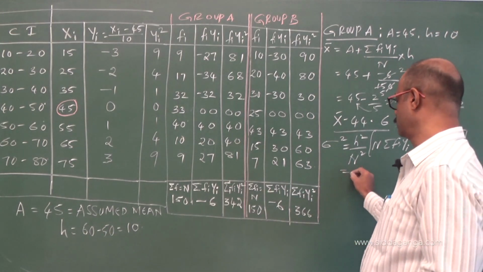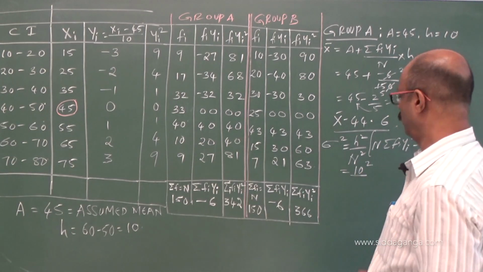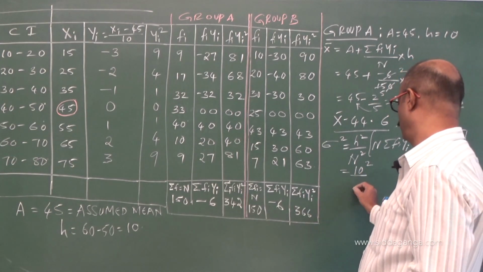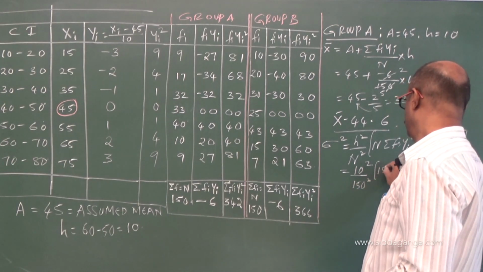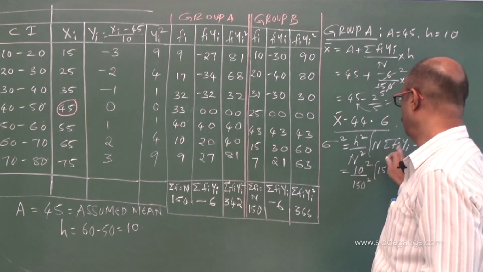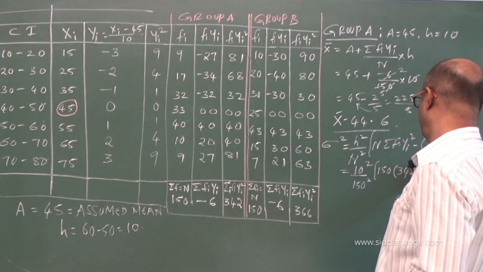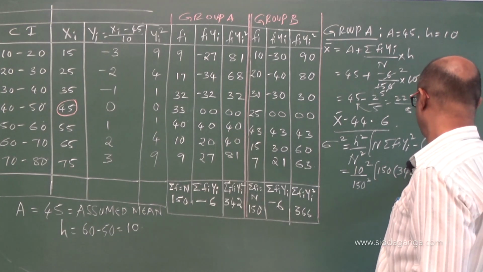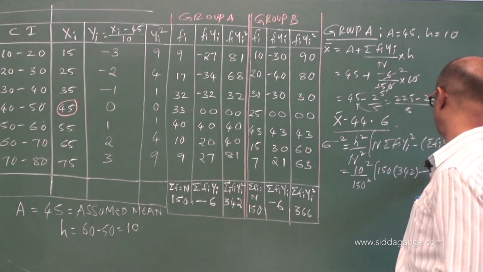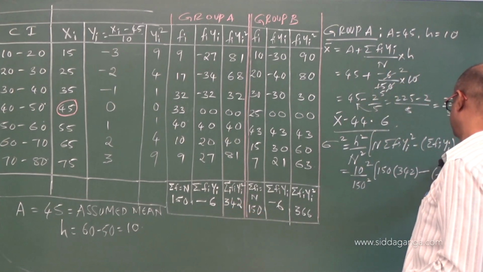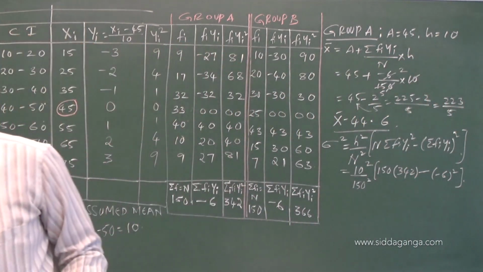H square, H is 10, so 10 square divided by N square, N is 150 square, into 150 into Fi Yi square, which is 342. Substitute 342 minus sigma Fi Yi whole square, this is minus 6 square.